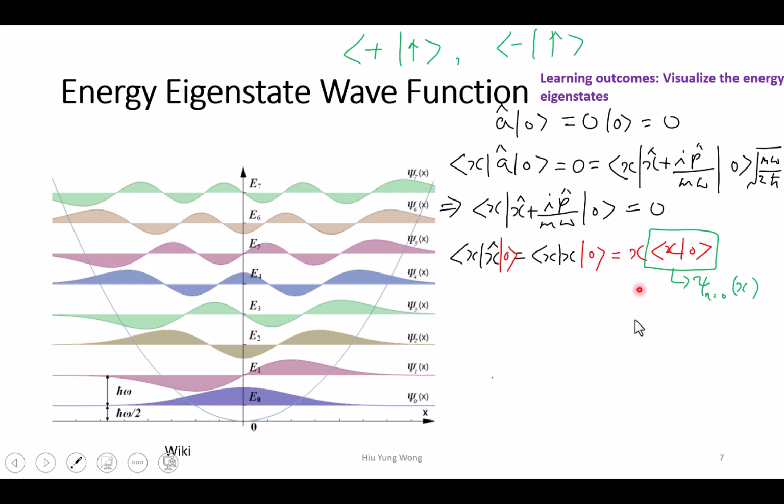Same token here. You tell me that you have a state that is at the ground state. So, yeah, ground state, fine. The ground state of your system is the eigenstate of your number operator. You form your own space, fine. But I want you to tell me, how does it appear in the real space? Then what do you do? You project this ground state to the eigenstate of the coordinate.